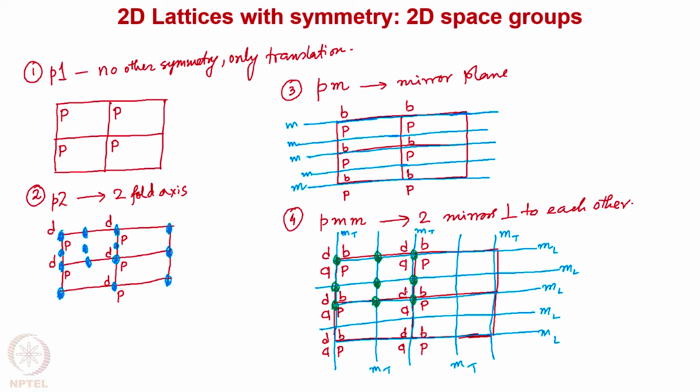So overall, this PMM space group contains two perpendicular mirrors, ML and MT, and wherever those ML and MT cross each other, the point of intersection is a twofold axis that is generated in this case.